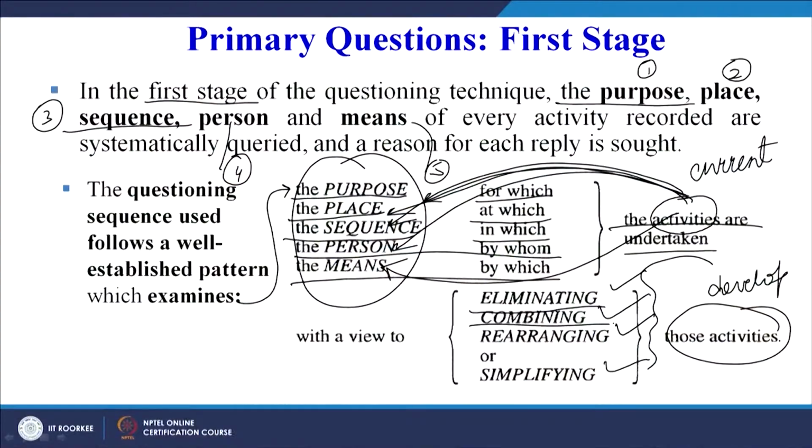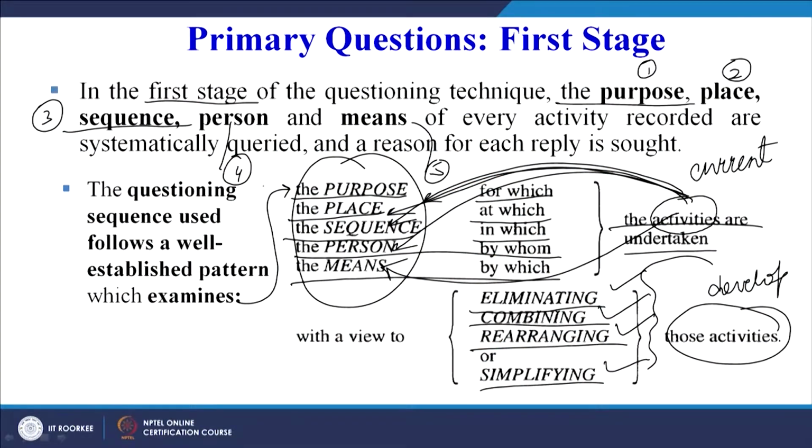Once we subject it to different questions, we will try to develop the better method, and the hints on how a better method can be developed are also given, that is elimination, combination, rearranging and simplification of the current activity. If we are able to simplify, rearrange, combine the current activities, we will be able to develop a better method of doing the job. So this is I think the explanation of the questioning technique.